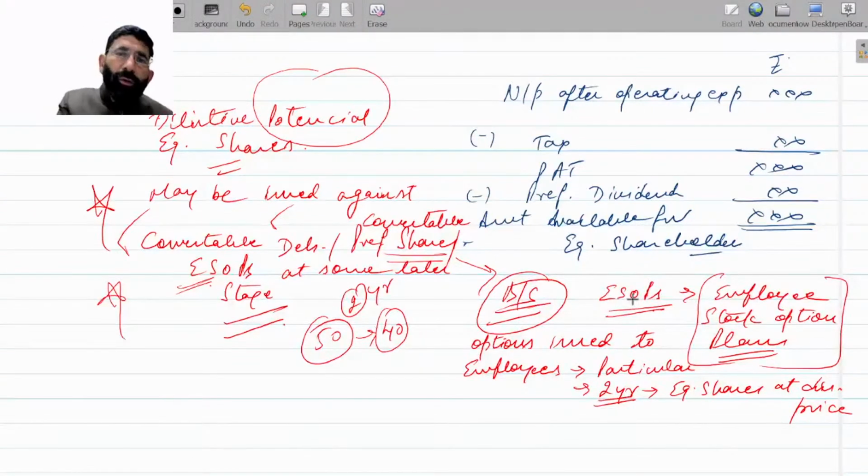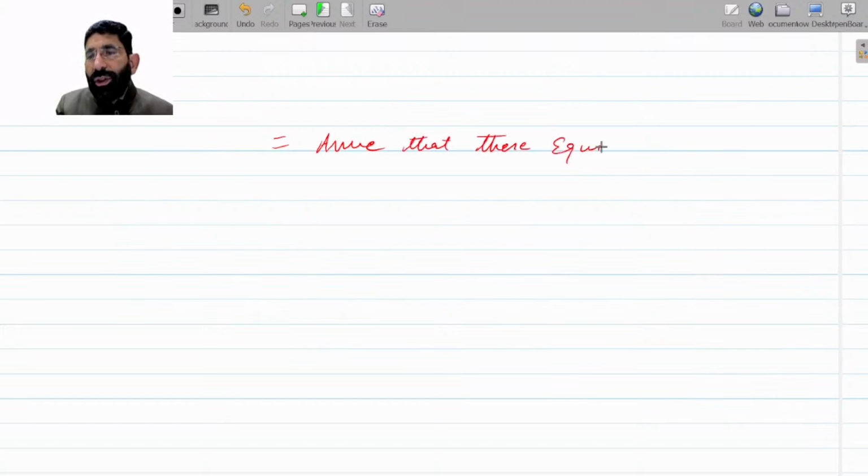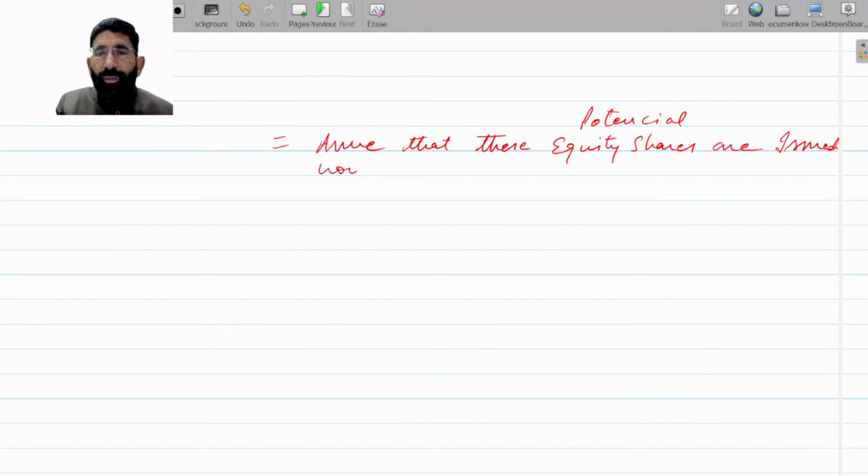So what we have to do in case of diluted potential equity shares, you will have to assume that these potential equity shares are issued now.